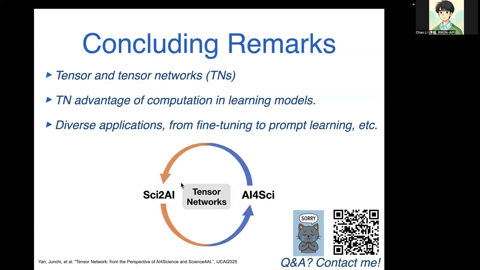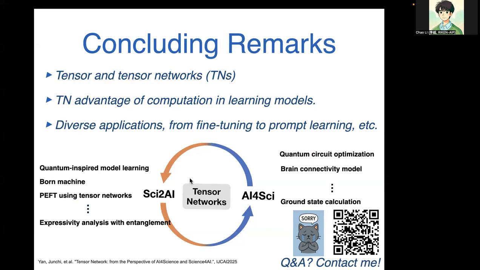They started in science, grew up to power AI, and now AI is sending them back to science. From fine-tuning and prompt learning to modern critical systems in physics, the same core idea keeps finding new and surprising homes. It is a loop from science to AI for science. In the middle, it is tensor networks. And with every turn of the loop, we open a new door to the next wave of discovery.